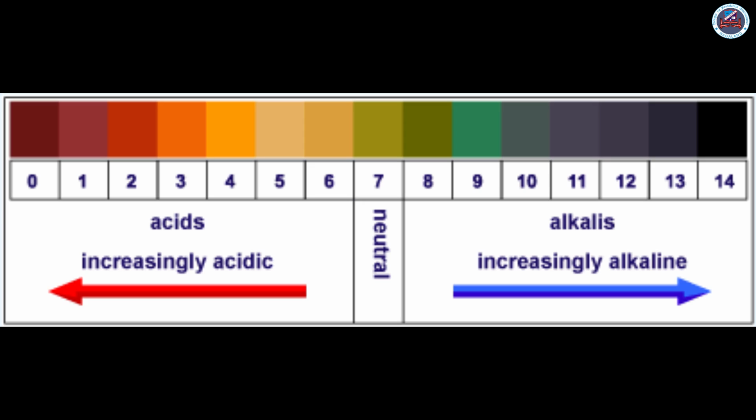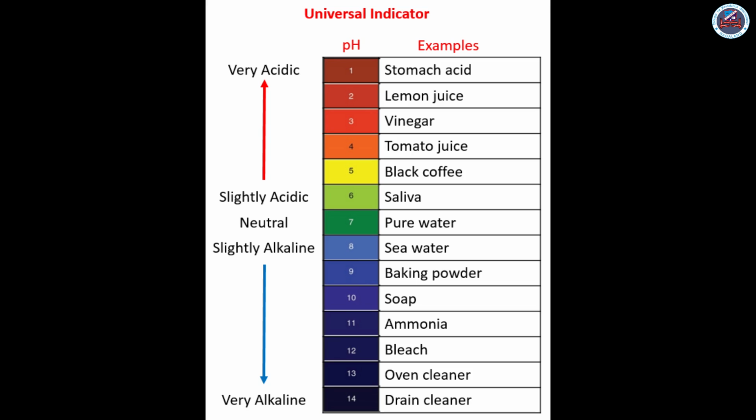If the pH is from 8 to 14, then it is an alkali, where 14 is a strong alkali and 8 means a weak alkali. So, according to this chart, we can know what type of substance it is using the universal indicator. The strength of acid and alkali is measured on the pH scale.